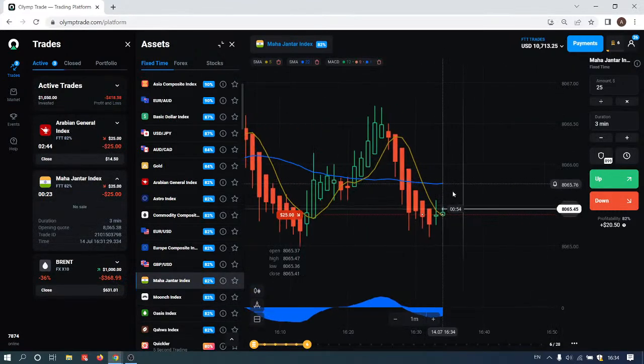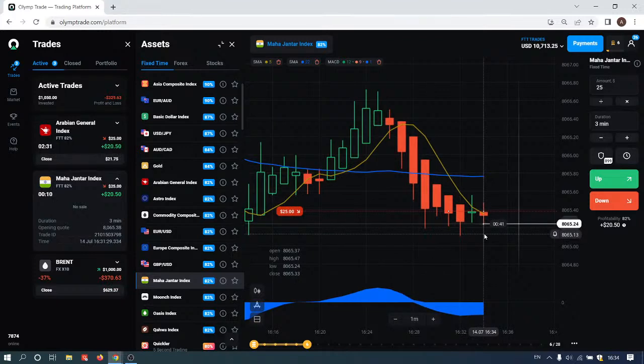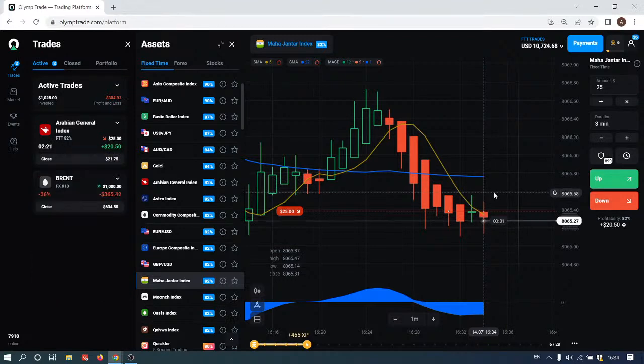So Mahajantar. Okay, I opened this trade 3 minutes ago, and let's see how this closes. 10 seconds to go on this one. All right, this is a profitable trade, so we can see the result.